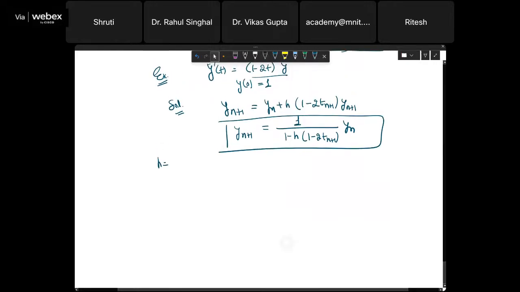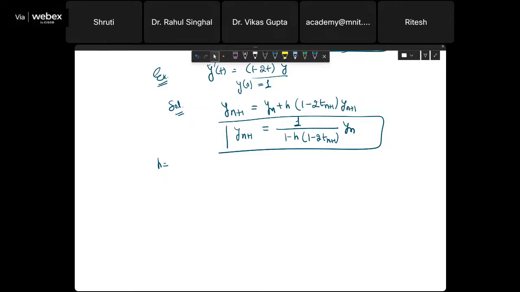Fine. So here, whatever error you get, for the 0.2 interval, this is the problem which you can solve.